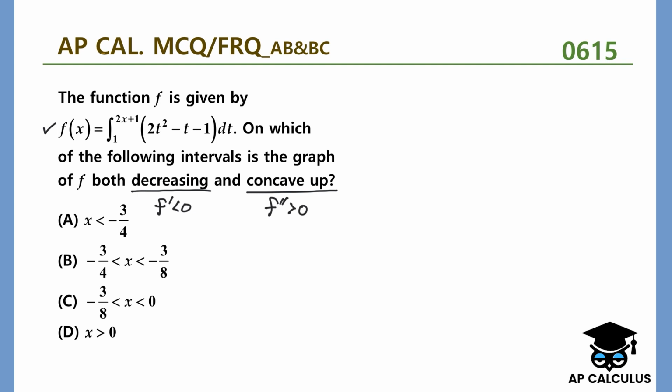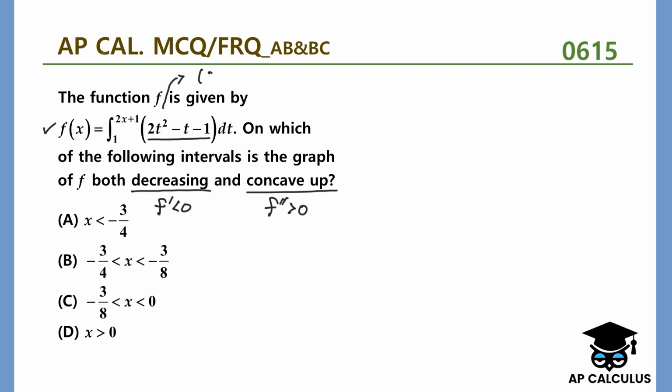So basically, we're going to have to find the first and second derivative of f. Before we find our first derivative, it looks like this expression is factorable. So let's factor this expression first.